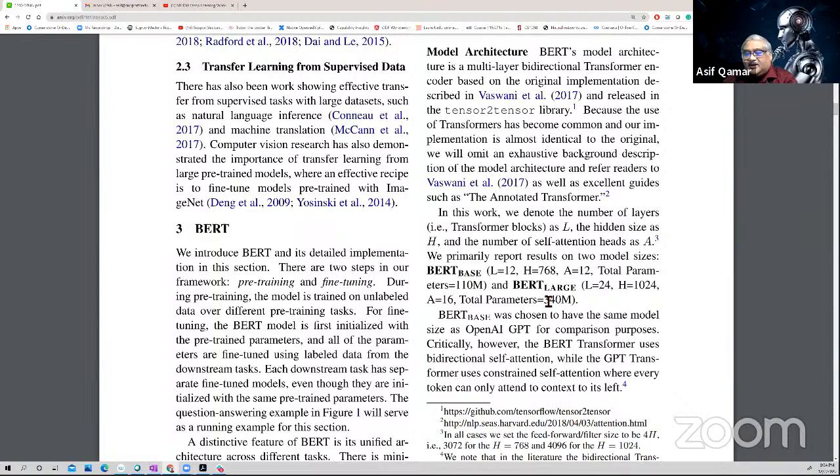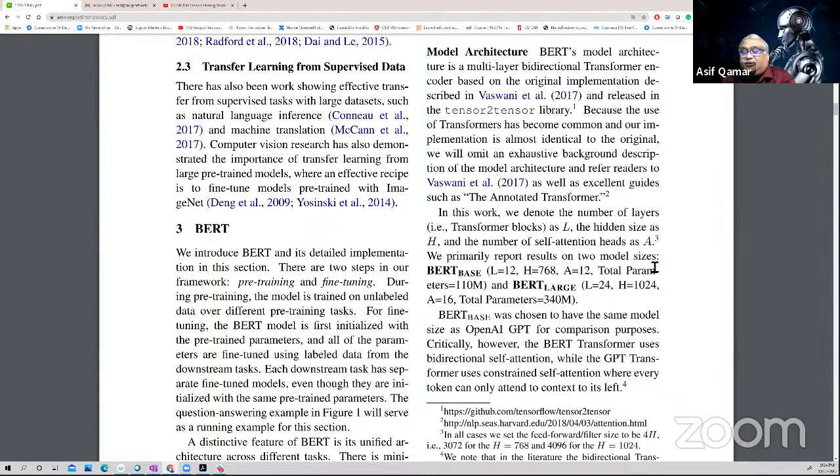If you look at the number of layers, remember we said that there are 6 layers in the original transformer model. Do you guys remember? 6 attention layers. Here in the BERT base, they started with 12 layers. Then in the original one, the hidden representation was 64 dimensions.